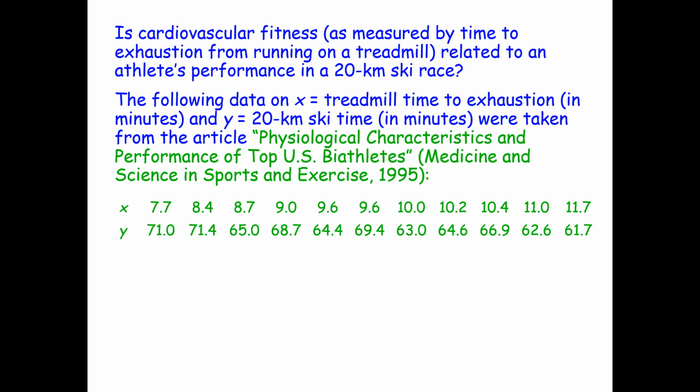They were taken from the article Physiological Characteristics and Performance of Top U.S. Biathletes. And here we have our data set. Remember that x is our treadmill time to exhaustion in minutes, and y represents our 20-kilometer ski time in minutes.